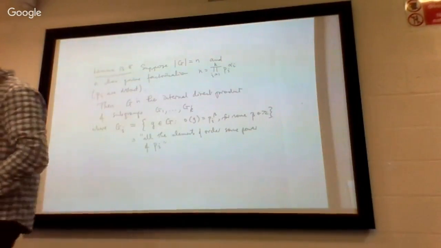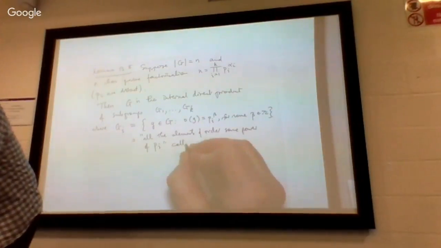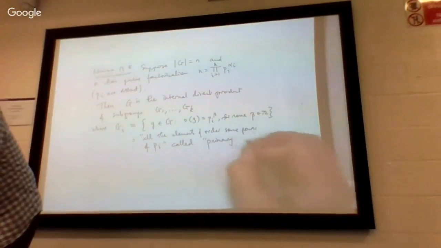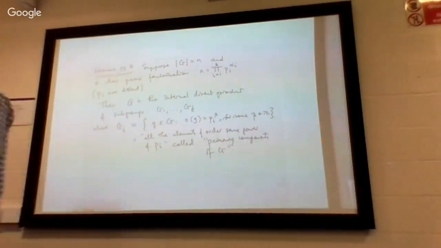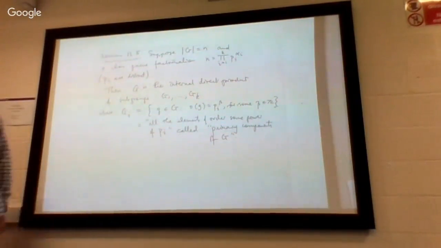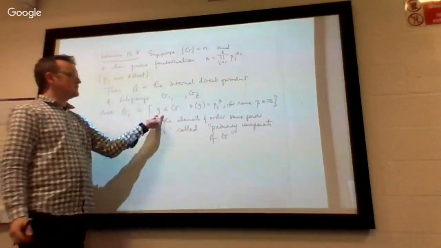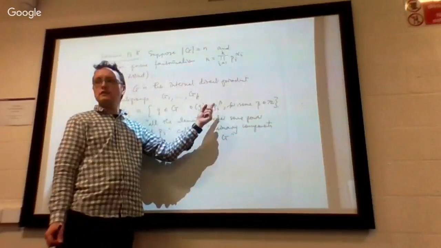These have a name. Judson doesn't use the name in his book, but these are called the primary components of G. They're special subgroups of G, because each of them consists of elements which all have order some power of a particular prime.